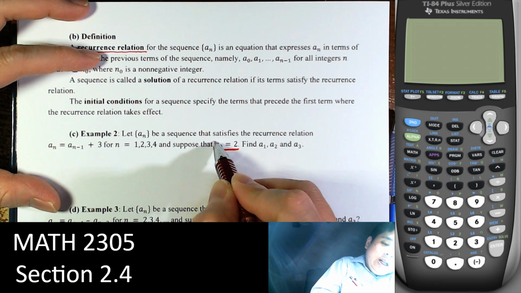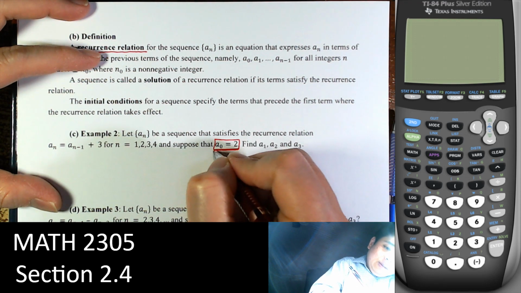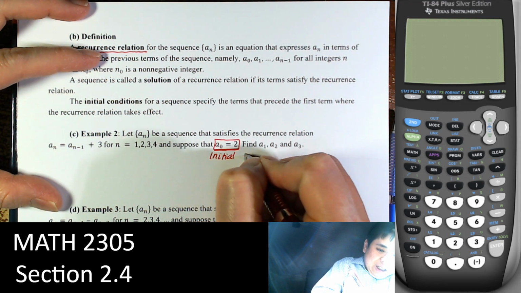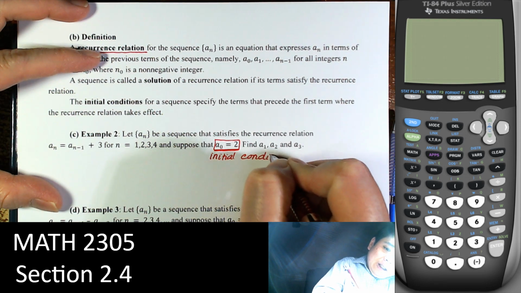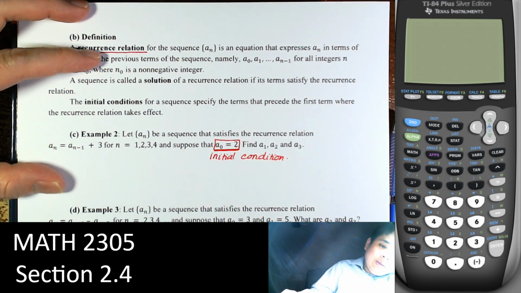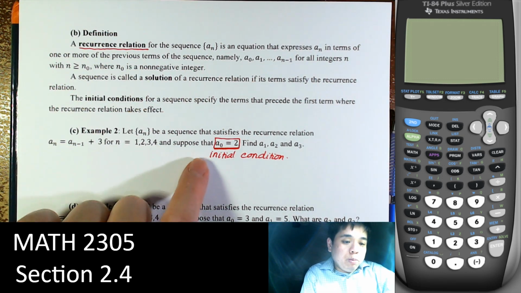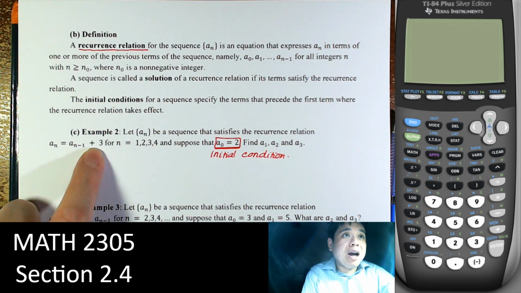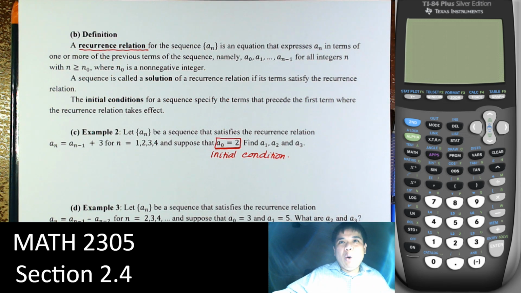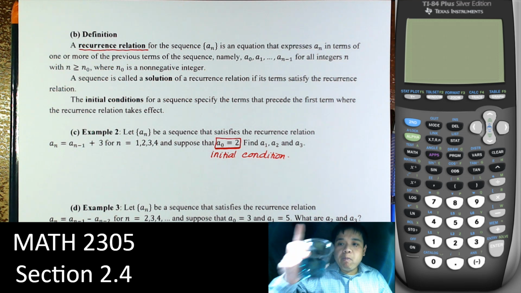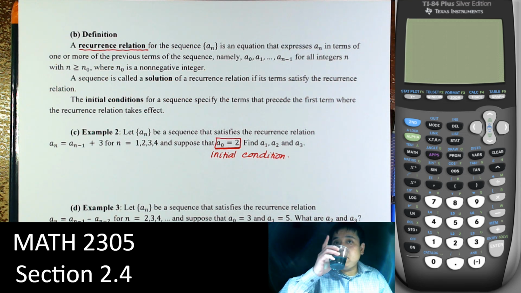So this is the initial condition, the initial values. Let's find that for 1, 2, 3, 4. Of course, if we start from 0, we have 0 minus 1 is negative 1. We don't want to write a subscript negative 1 in the sequence.